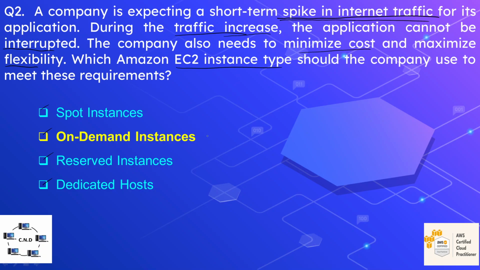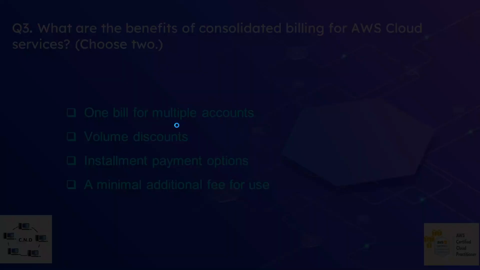It means that when the traffic increases, our capacity of instances should also increase, and this can only be done through on-demand. On-demand means when there is a demand for greater traffic or greater capacity, then the instance capacity will also increase. So that is the correct option.